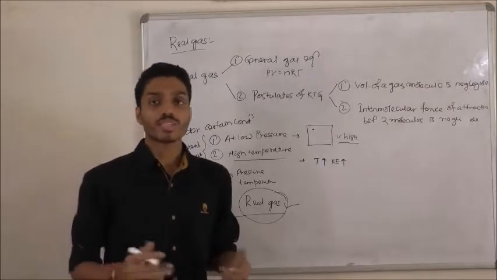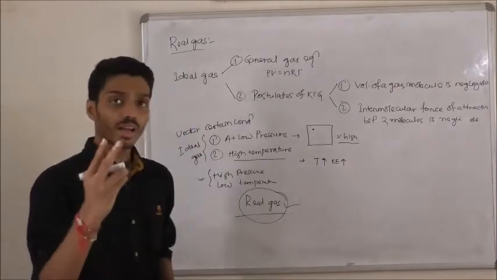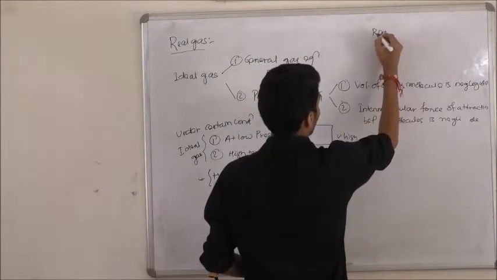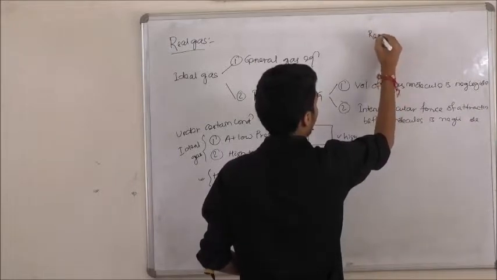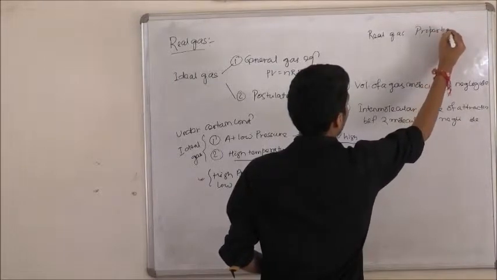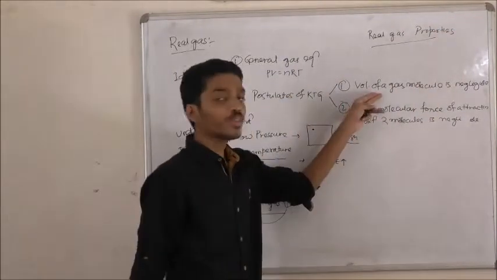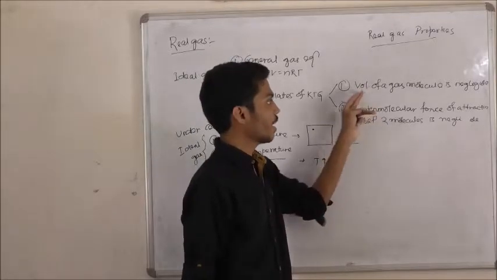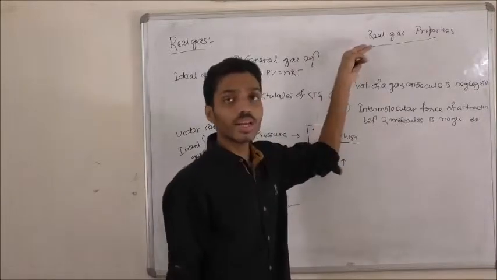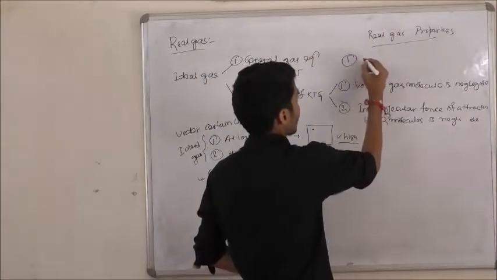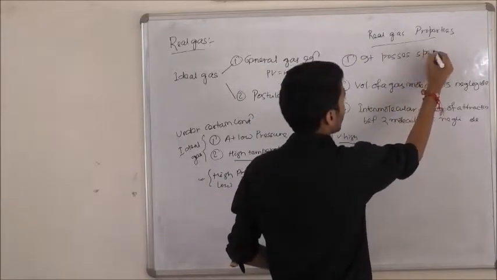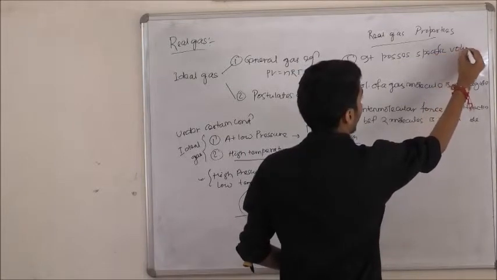And according to Van der Waals, real gas has again two properties. Real gas properties. In ideal gas, the volume of a gas molecule is negligible. So obviously the condition for a real gas should be that it possesses specific volume.